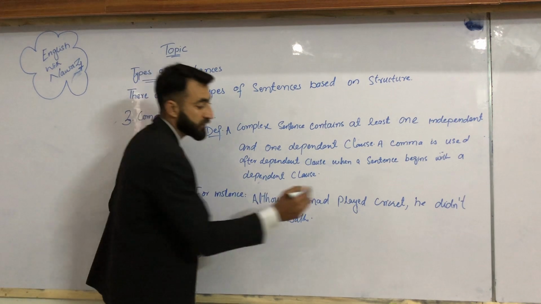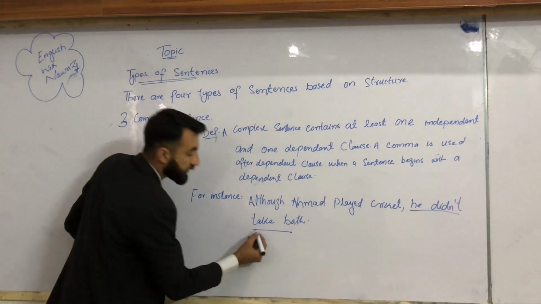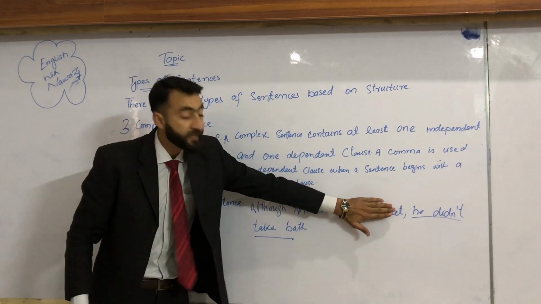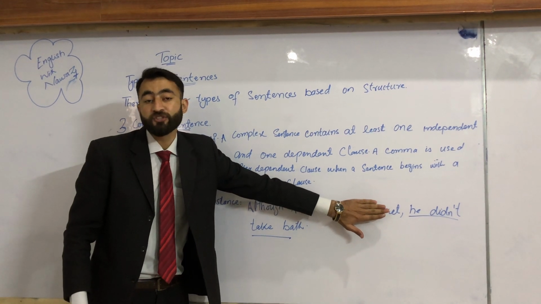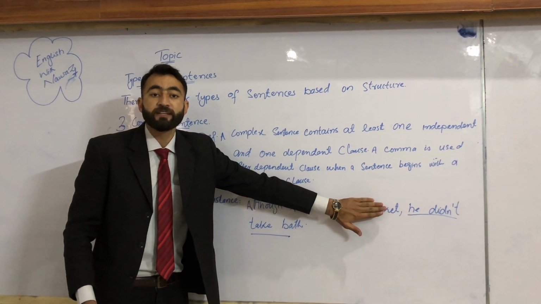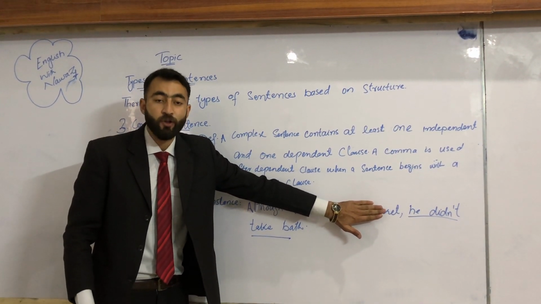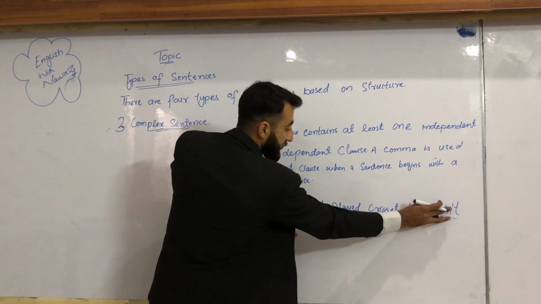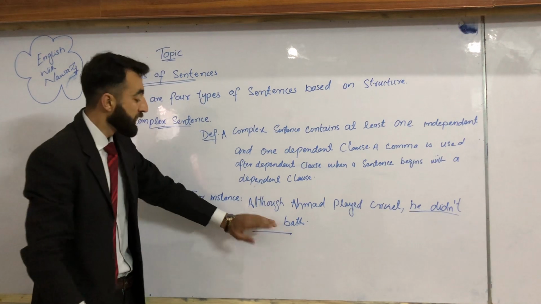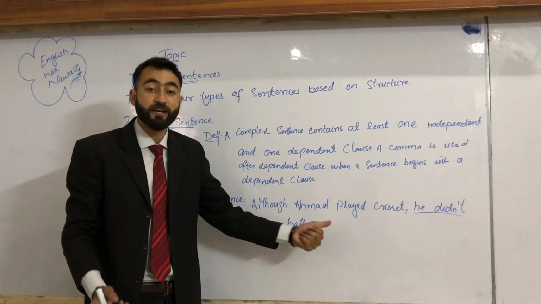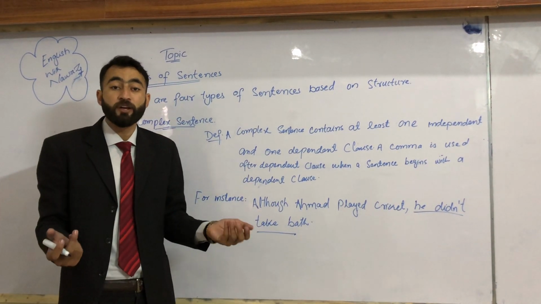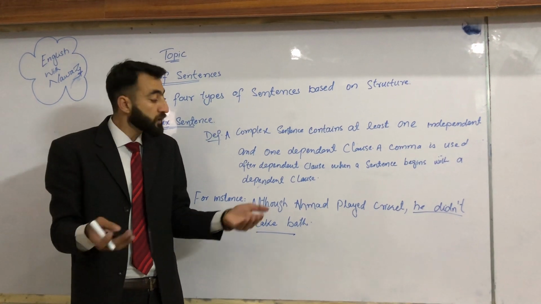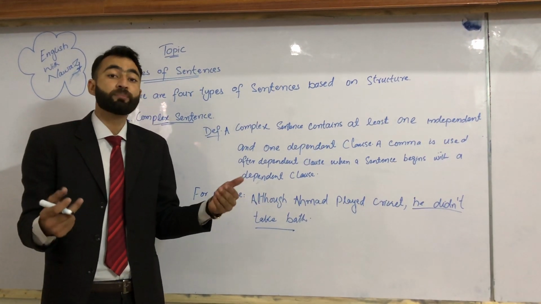Here, look at, dear viewers, he did not take bath. If I say he did not take bath, it is a simple sentence because it can stand alone. It is an independent clause. But if I hide he did not take bath, so although Ahmed played cricket, so what is after that, he played cricket?